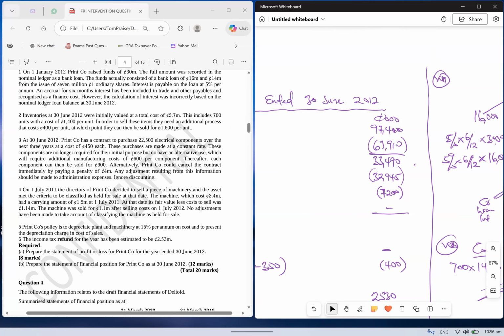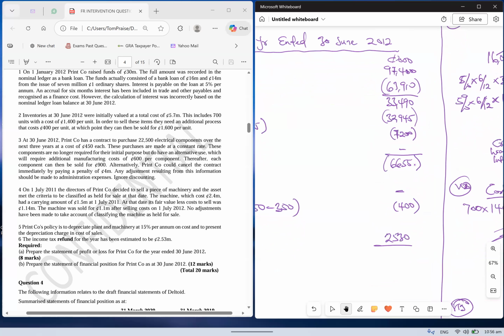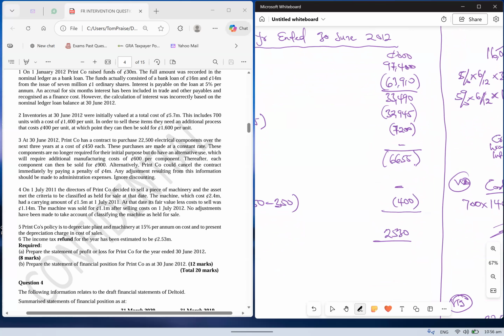A loss of 6655. Okay. That's why they made a tax gain. All right. So what makes it then? Plus 400. Another negative, a loss of 7055.